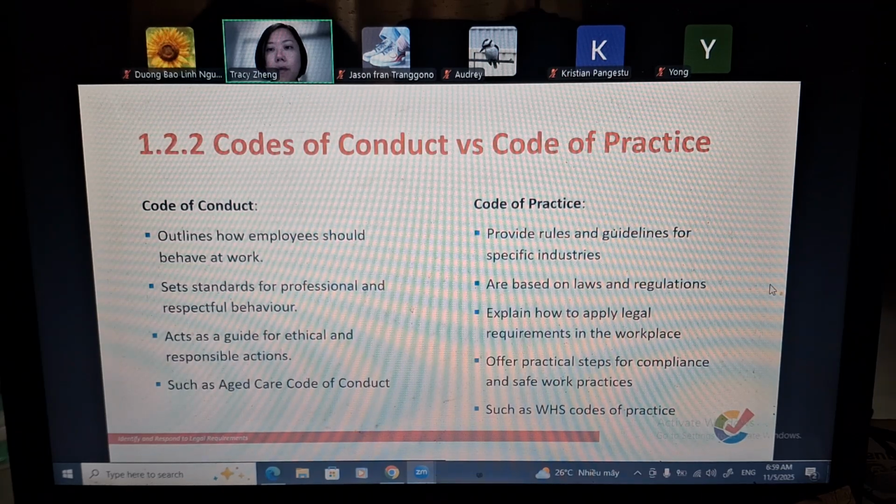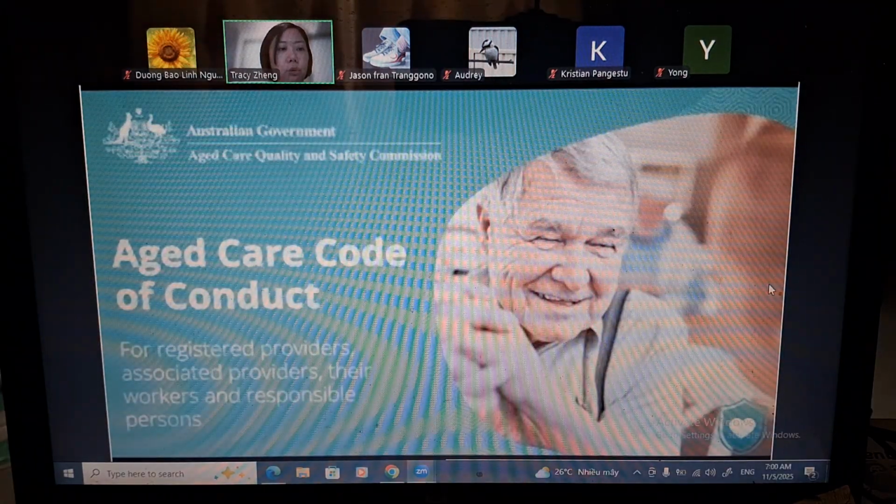So we will have a look at the following video, which explains what the aged care code of conduct is, especially from the new Aged Care Act since the 1st of November, just a couple of days ago. They updated the new aged care code of conduct.